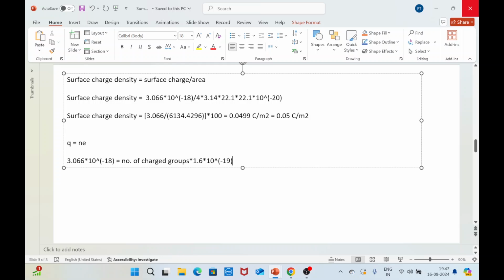So if you just divide now, you will be able to calculate the number of charge groups. That's simple division. Are you unable to understand how we came up with Q equals NE?